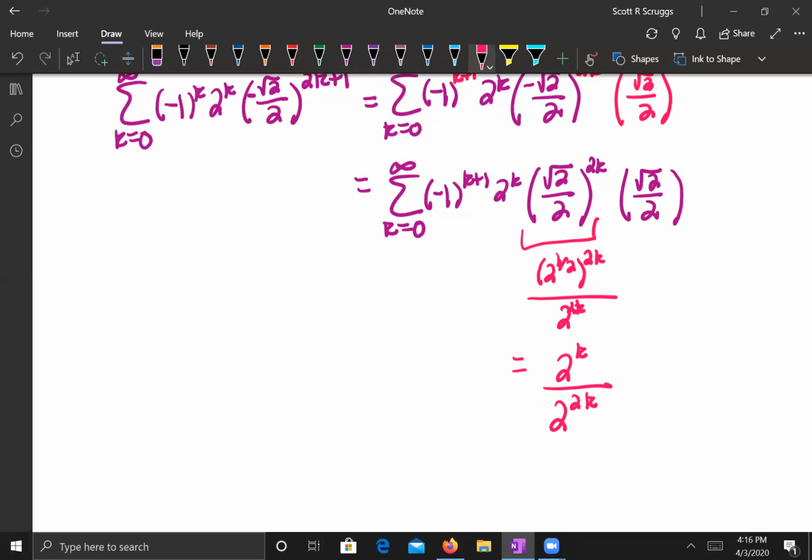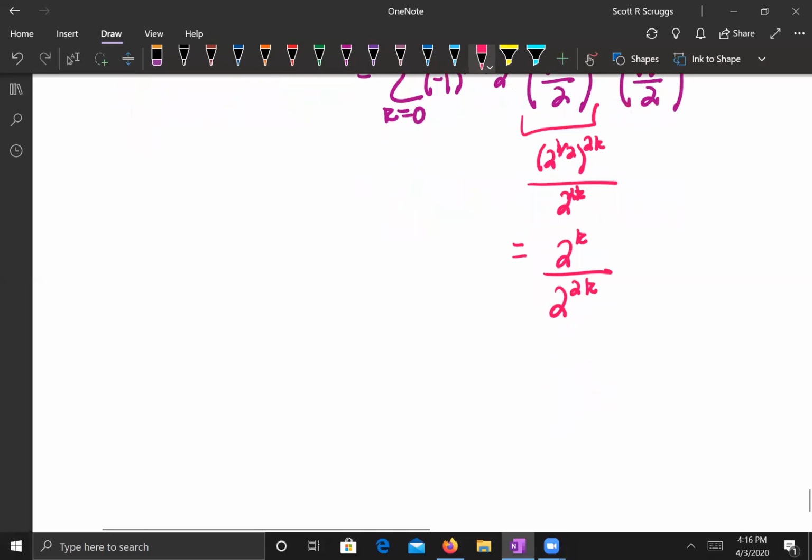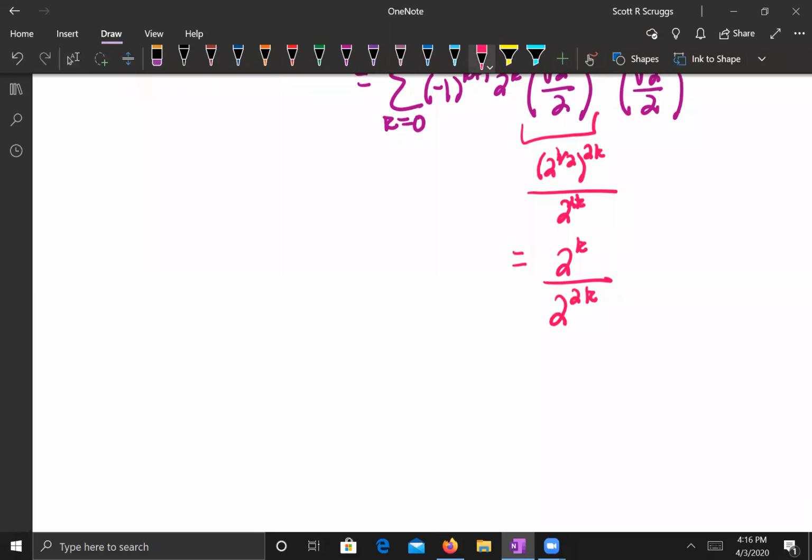And I can simplify that even more because I have a quotient of two numbers with the same base. So that's going to be the difference of the exponents. K minus 2k, I have negative k, and the highest one was in the denominator. So, there we go, 1 over 2 to the kth power.